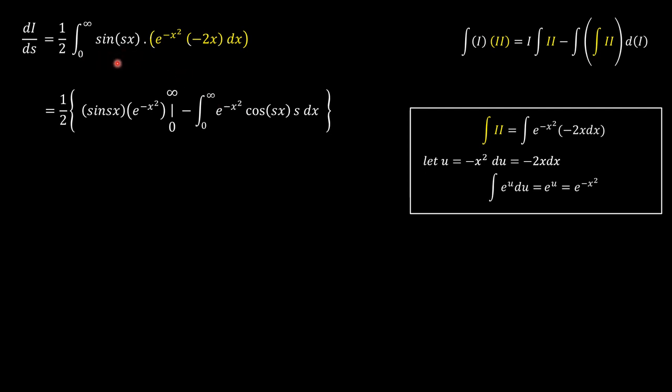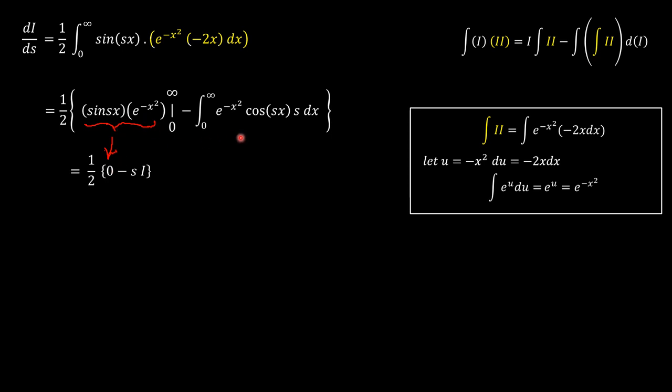What is the derivative of sin sx, students? It is cos sx into s dx. Now when I am applying the limits, the first term of the above equation reduces to 0, because when I am applying the upper limit, e to the power minus infinity is 0, so 0 into some terms is equal to 0, minus when I am applying the lower limit, sin 0 is 0. So the whole term reduces to 0.